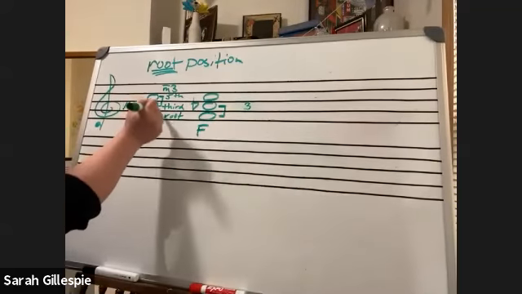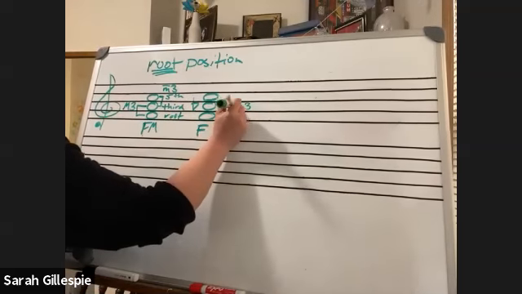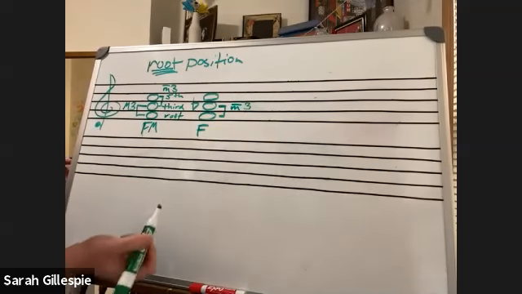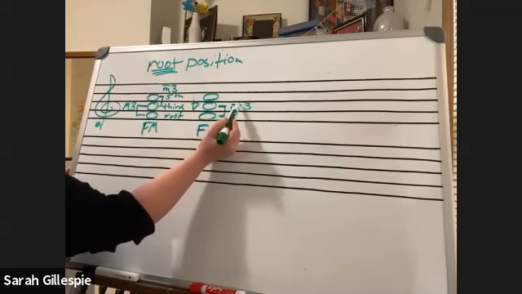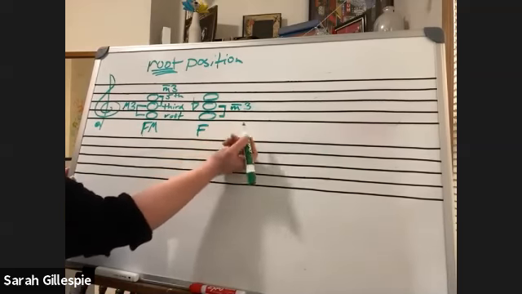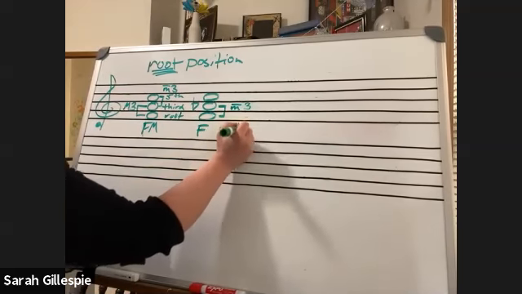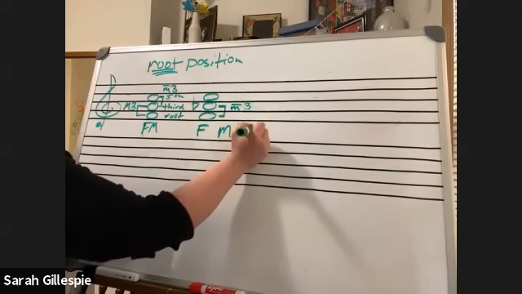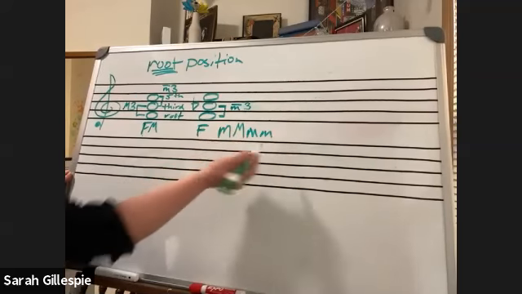If we know that this is a major third, and we flat that A, we get that minor third. For those of you who missed when we were talking about intervals, notice when I write minor, I always put a line over the M, because sometimes people's capital M's and lowercase m's, pointy or rounded, all start to look the same.